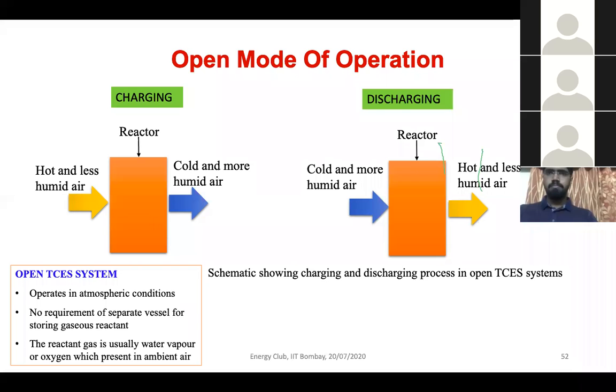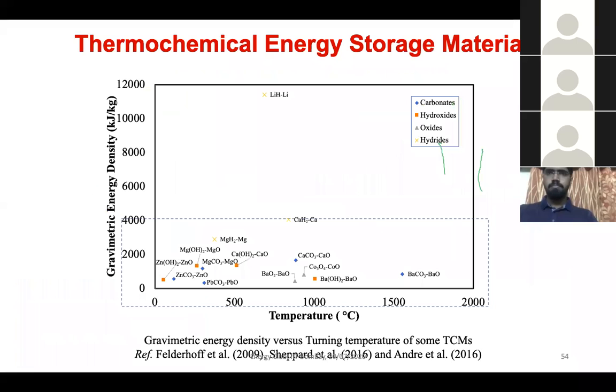So it's an open mode, not a closed one. The advantage is that it can be operated at atmospheric pressure, so there is no leakage issue and no vessels are required. However, you have to use only non-toxic material, otherwise there will be difficulty if toxic materials are used.